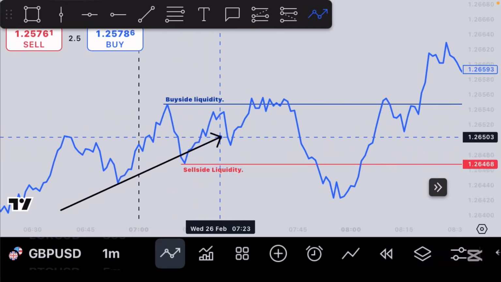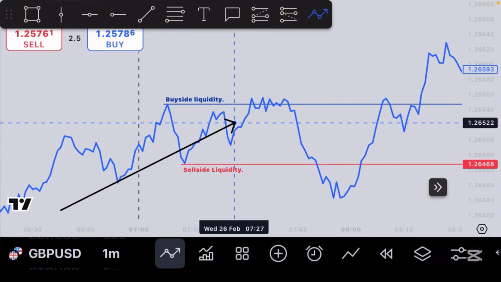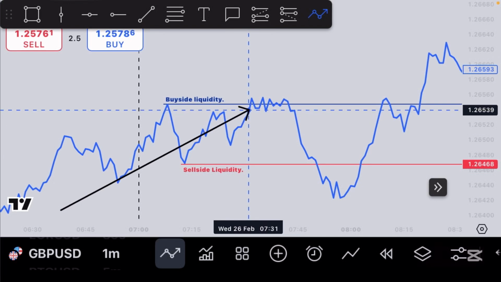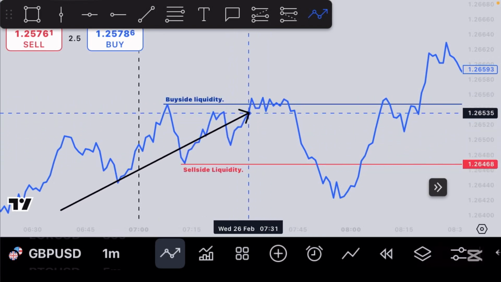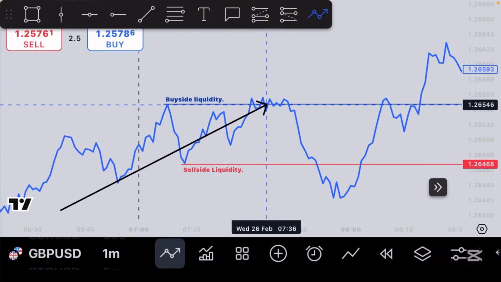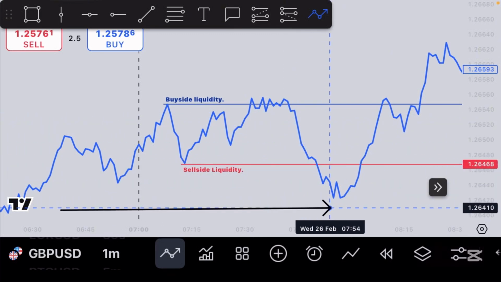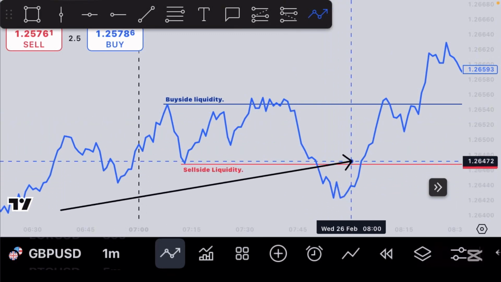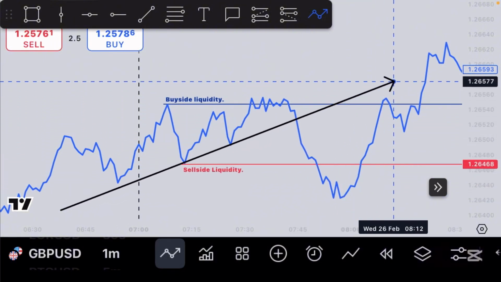When moving, you can see how price fails to get back to the buy side, but takes out the buy side first without failing to take out the sell side. So once it takes out the buy side, it shows that we are bullish. Then it dips down to grab liquidity here from the sell side. Then it pushes to the upside.